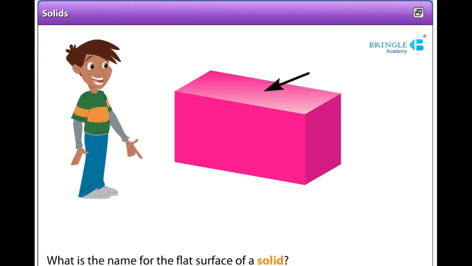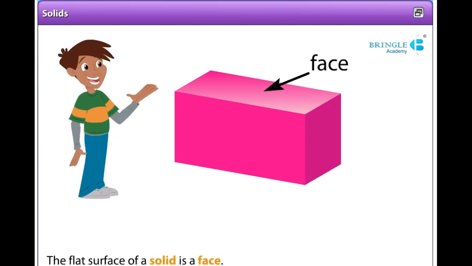What is the name for the flat surface of a solid? The flat surface of a solid is a face.